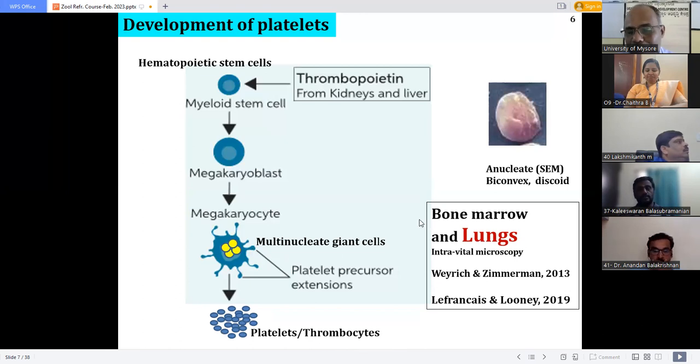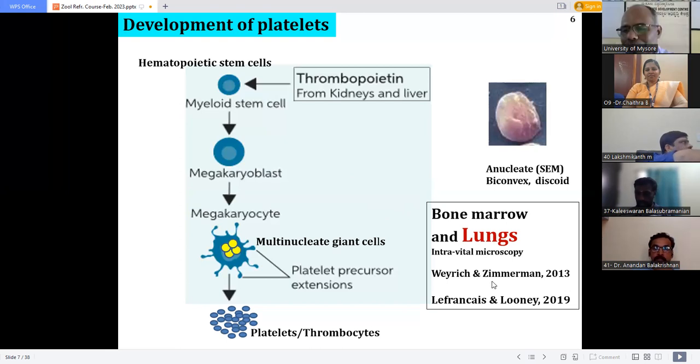We know that platelets are made in the bone marrow. They are derived from the bone marrow. And all these years, we had the opinion that platelets are made exclusively in the bone marrow. However, recent studies indicated that platelets are also formed in the lungs.